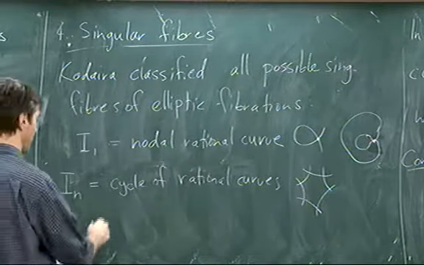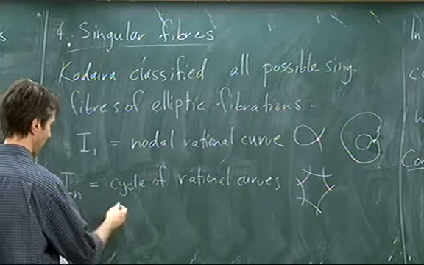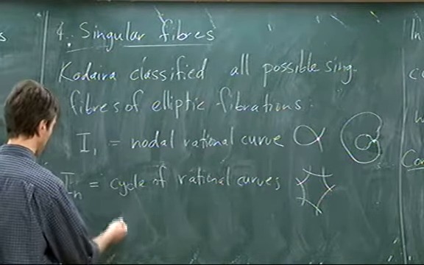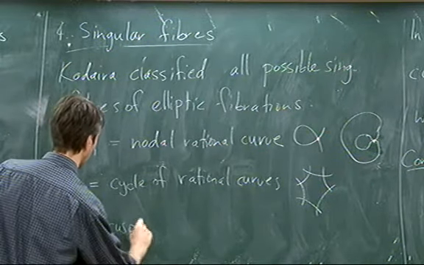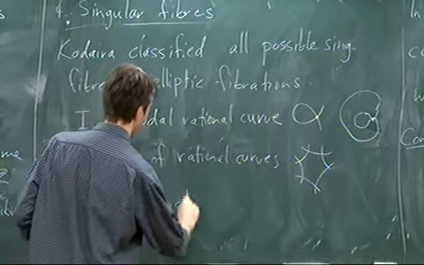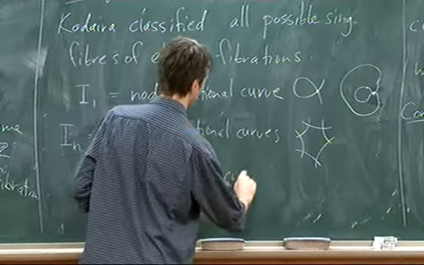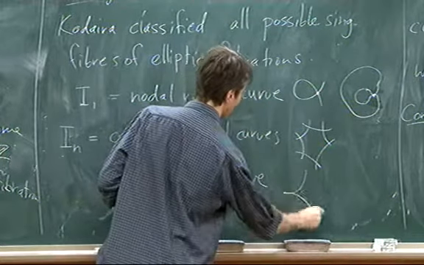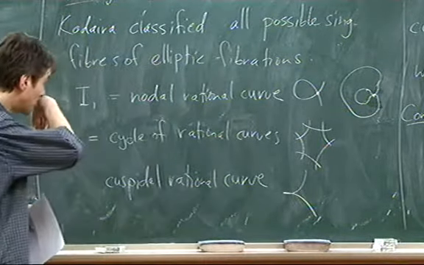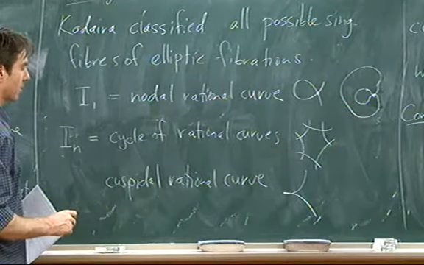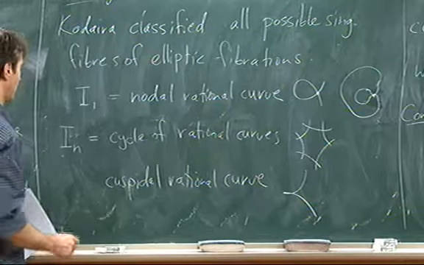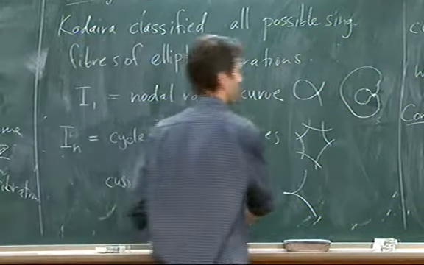And then there are some other sequences and exceptional cases, like the cuspidal rational curve. You can see these if you take a family of cubics in P2 and vary the parameter, then you see these sorts of singular curves arising in that family of cubics. I forget what the notation for that one is.